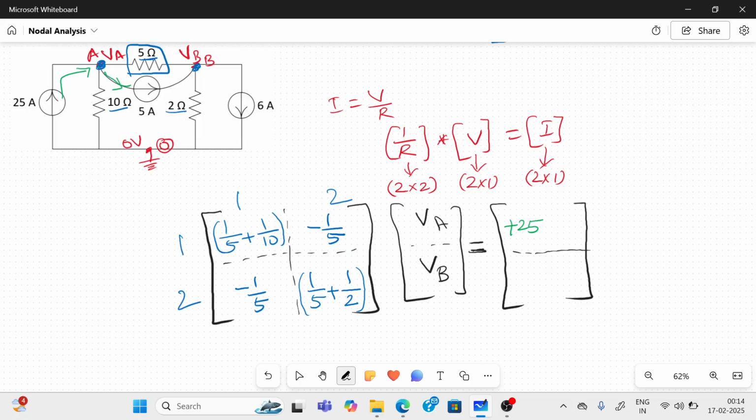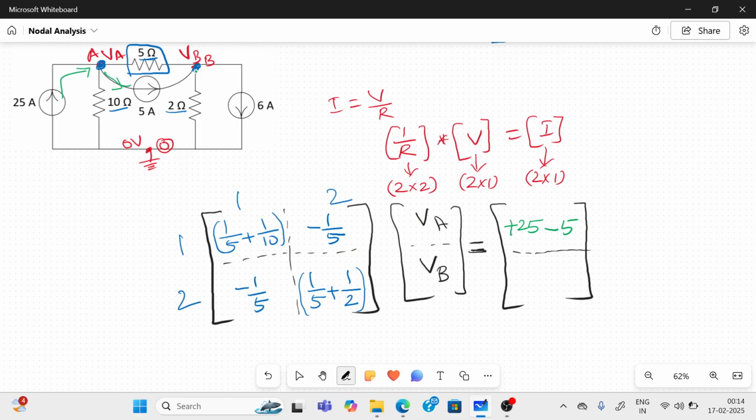That 5 amps is leaving. If the current is leaving, minus. So you identify the number of current sources connected with the node. Check each current source. If the current is entering, plus of that value. If the current is leaving, minus of that value. That's it. So 25 amps is entering, so plus 25. The 5 amps is leaving, so minus 5.